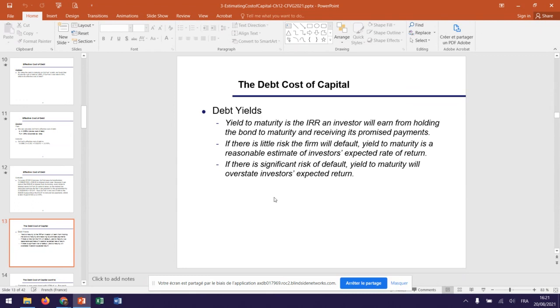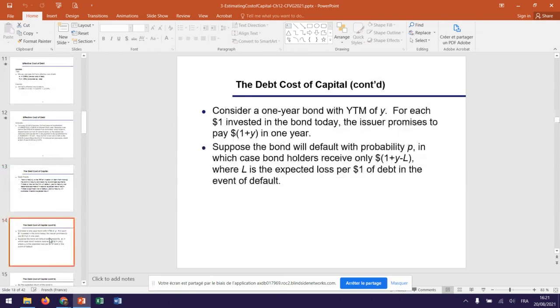Do you follow me? If you don't, I'll give you an example. Let's assume that I have a 1-year bond with a YTM, the yield to maturity, of Y. For each $1 invested in the bond today, the issuer promises to pay 1 plus Y in 1 year. Everybody follows? In 1 year, you get your $1 back plus the yield.